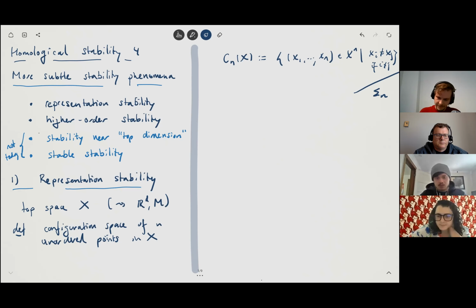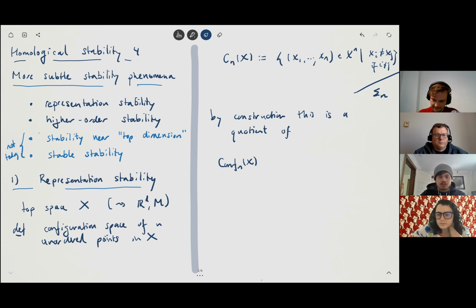So by construction, this is a quotient of another space, namely the ordered configuration space, or the configuration space of n ordered points in X, which I'll call Conf_n of X. That's just the first part of the expression you see at the top of the screen, where I don't take the quotient by the symmetric group.